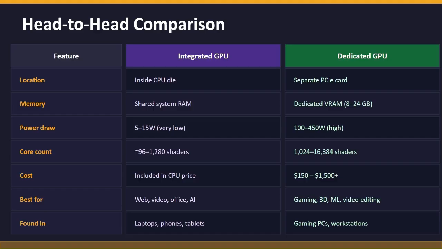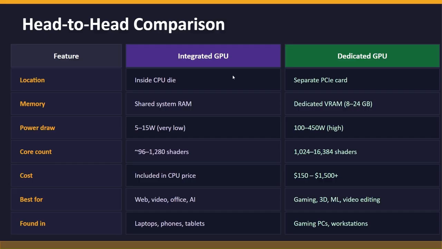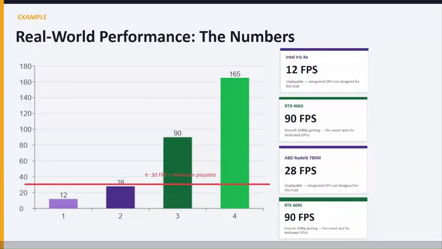The price can range from 150 to 1050. The integrated GPU is best for website browsing, video, office, and some light AI. For the dedicated, gaming, 3D, machine learning, and video editing are where it gives the best performance. We can find integrated GPUs in laptops and phones, and dedicated ones in gaming PCs and workstations.